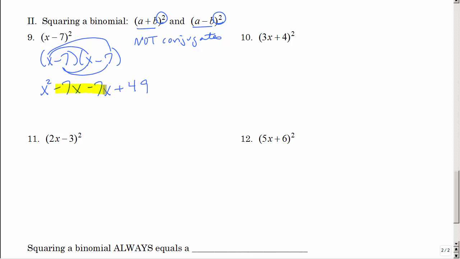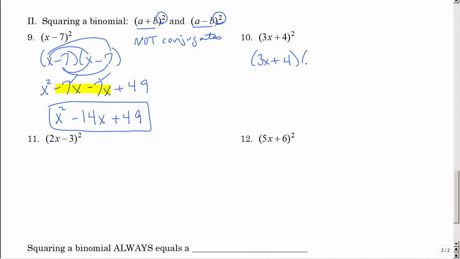Now when we look at those middle terms, those do not add to 0. In fact, they add together and you get minus 14x. In fact, you get two of exactly the same thing. That's a nice pattern to know, but again, you can always do that FOIL method. Right, so we have 3x plus 4 times 3x plus 4.